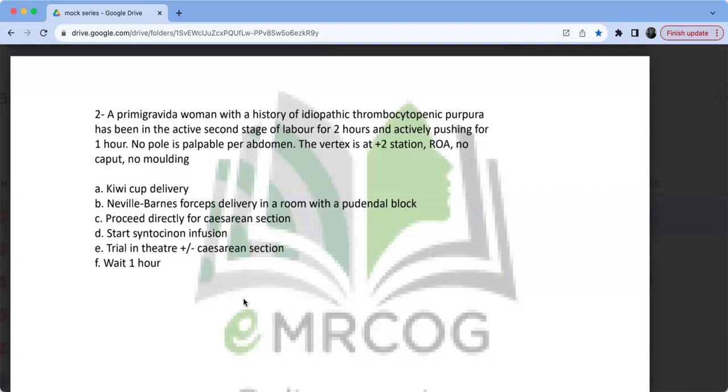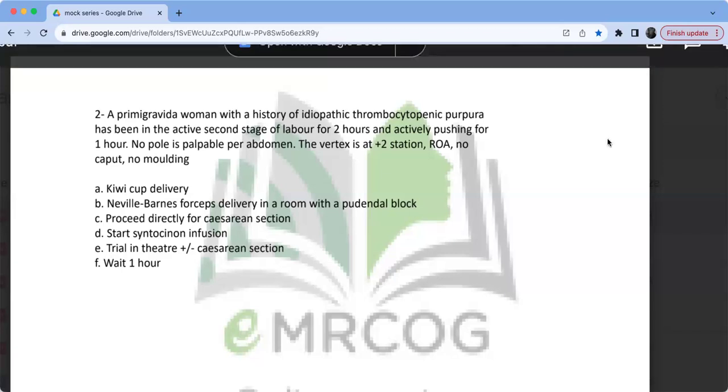So if I'm afraid of the bleeding, do you think cesarean section carries a higher risk of bleeding, or the vaginal delivery, the operative vaginal delivery? Which one? Cesarean section carries more risk. Okay, so shall I do this trial in the theater or shall I do it in the room? This is the second question.